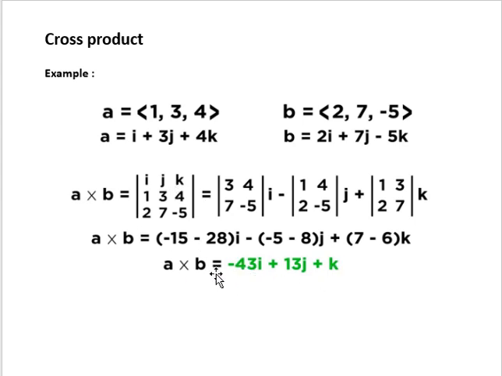Just look at this, a cross b is a vector. Unlike this, the dot product a dot b is a scalar quantity, but in the vector product a cross b, it is a vector quantity: minus 43i plus 13j plus k. So obviously it's a vector.